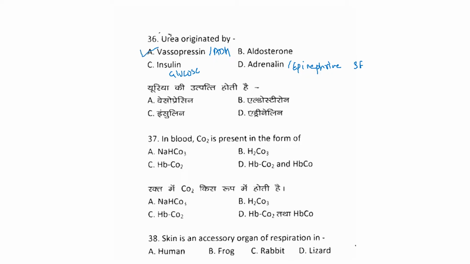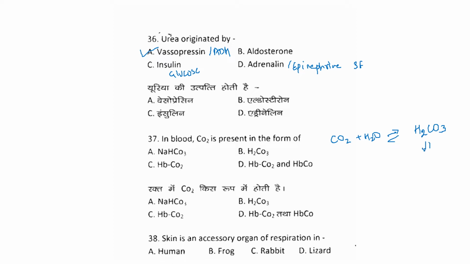Now the next question is in blood, CO2, carbon dioxide, is present in the form of. So CO2 in the blood combines with water and forms carbonic acid, that is H2CO3.